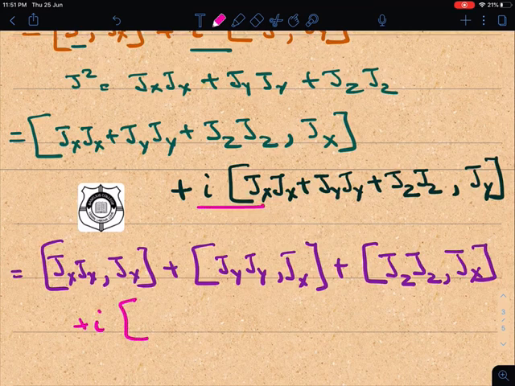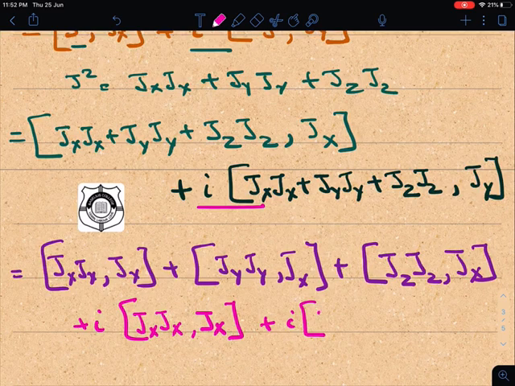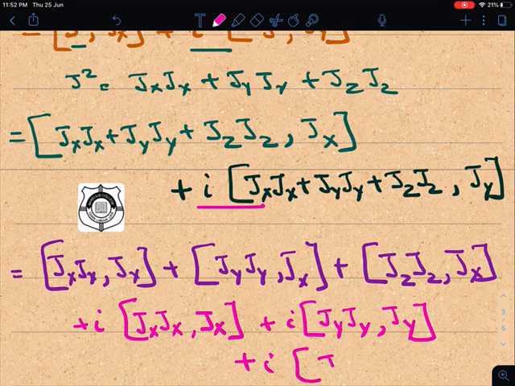Then these terms, plus i, the commutator of Jx square with Jy, plus i, the commutator of Jy square with Jy, plus i, the commutator of Jz square with Jy.